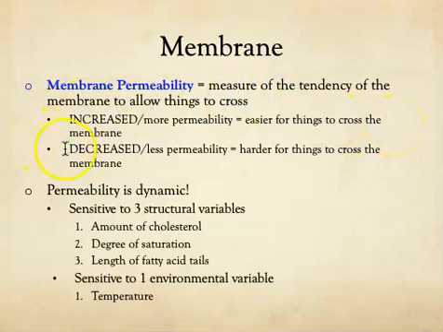A membrane that has low permeability or decreased permeability is a membrane where it's harder for things to get across. We said that how much sterol is in there and how saturated the tails are and how long the tails are, all of those things matter, as does the environmental temperature. All of these things can impact permeability.